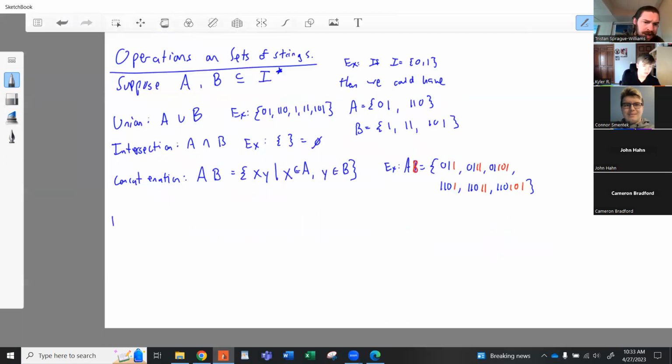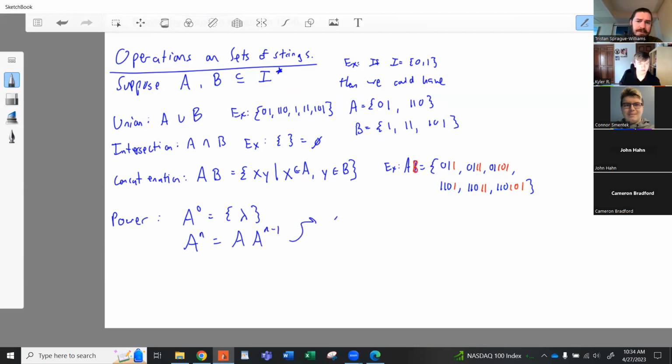Then we can extend the idea of concatenation by powers. A power of a set of strings is defined recursively like this. A to the power 0 is lambda. And then A to the power n is A concatenated with A to the power n minus 1. And that's a recursive definition.